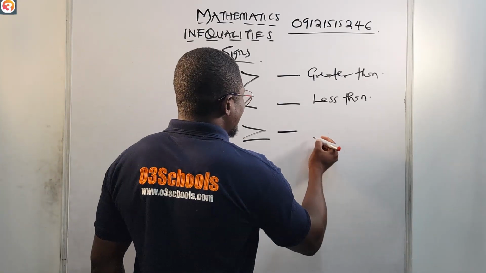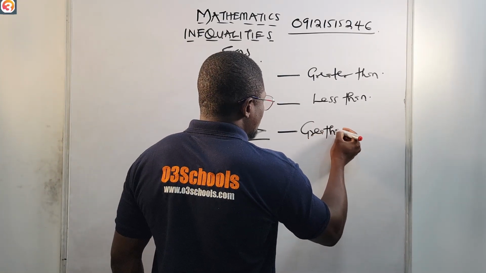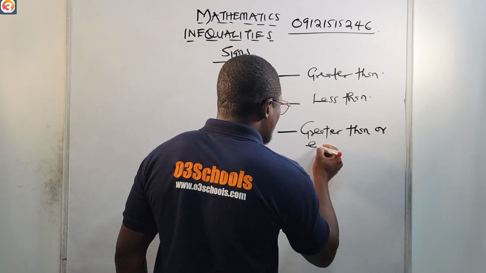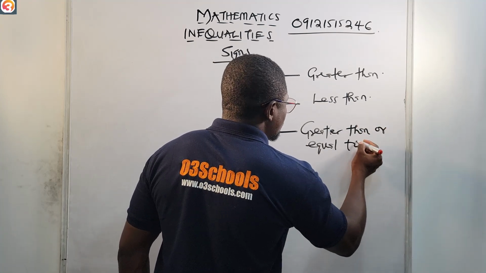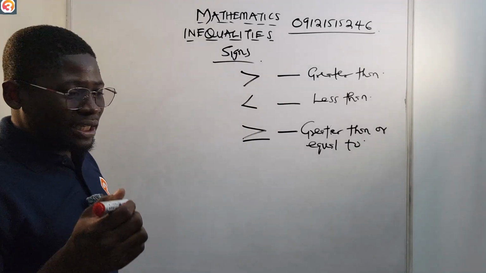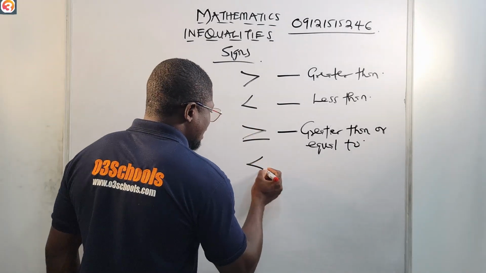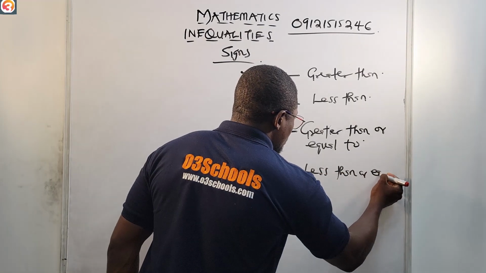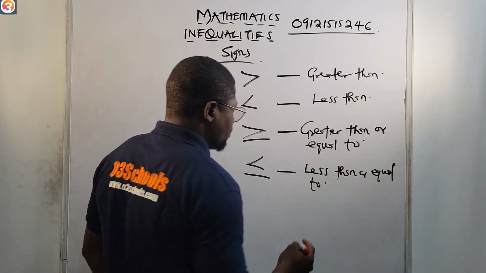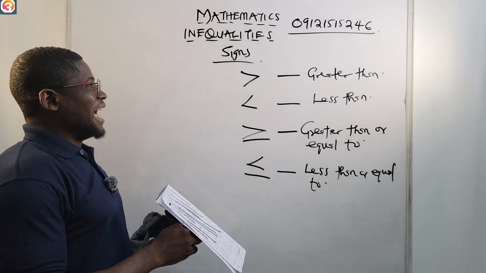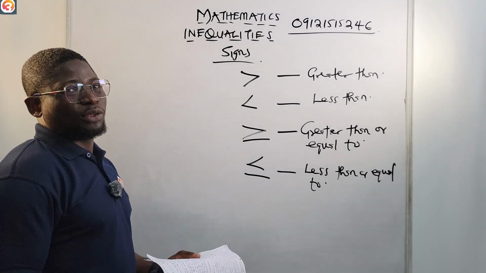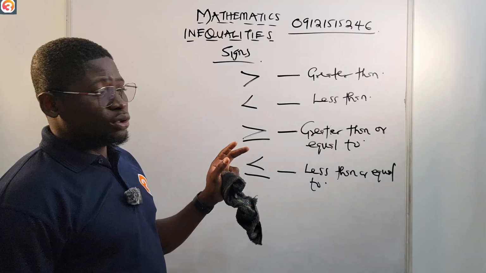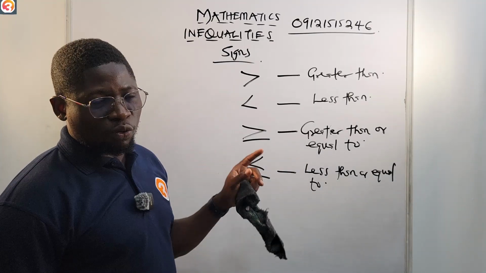We call this one greater than or equal to. Then we have less than or equal to. These are the inequality signs that we have: greater than, less than, greater than or equal to, and less than or equal to.